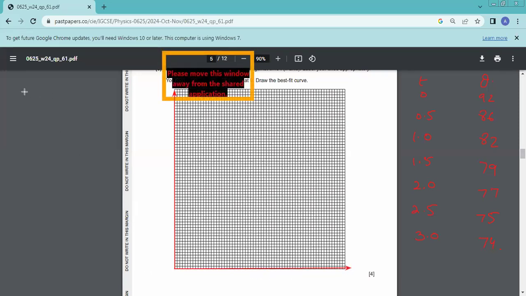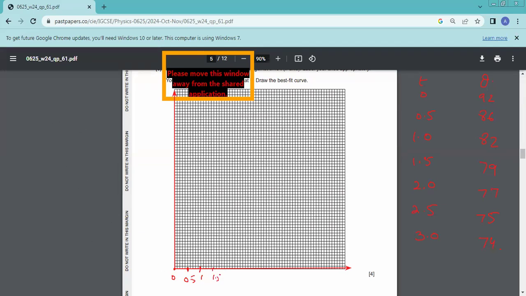Now the points will be written as 0. So this is 0, then 0.5, which is 5 small squares.